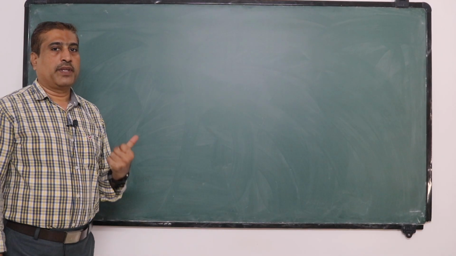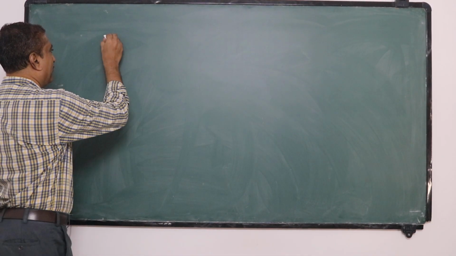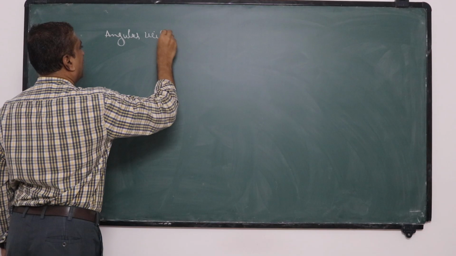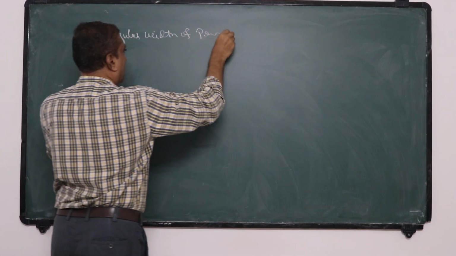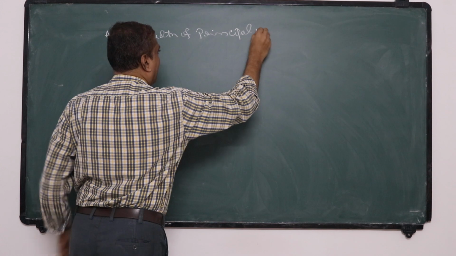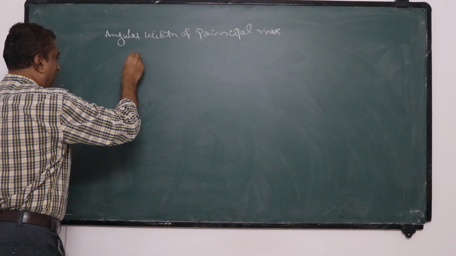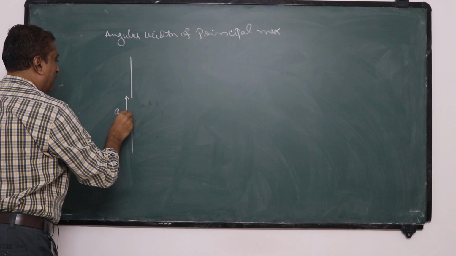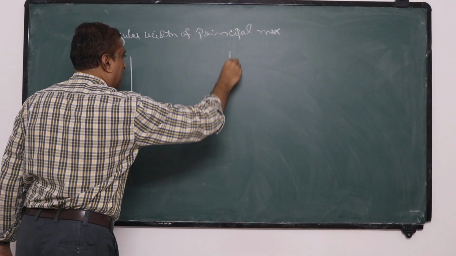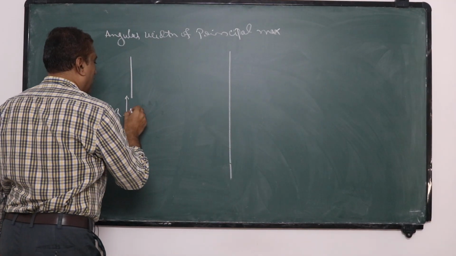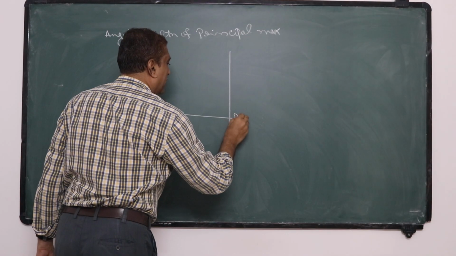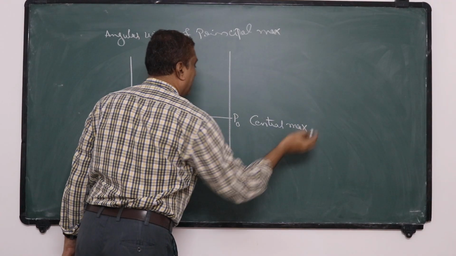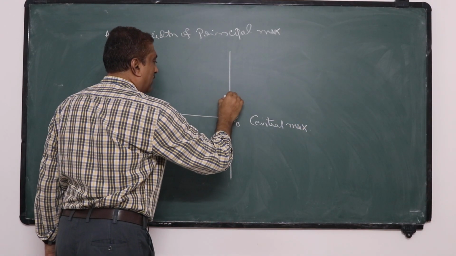Now the angular width of principal maximum. Now we have a single slit of width A. Now a screen is placed here. Now this is the point P0, which is central maximum, and this is first order minimum.